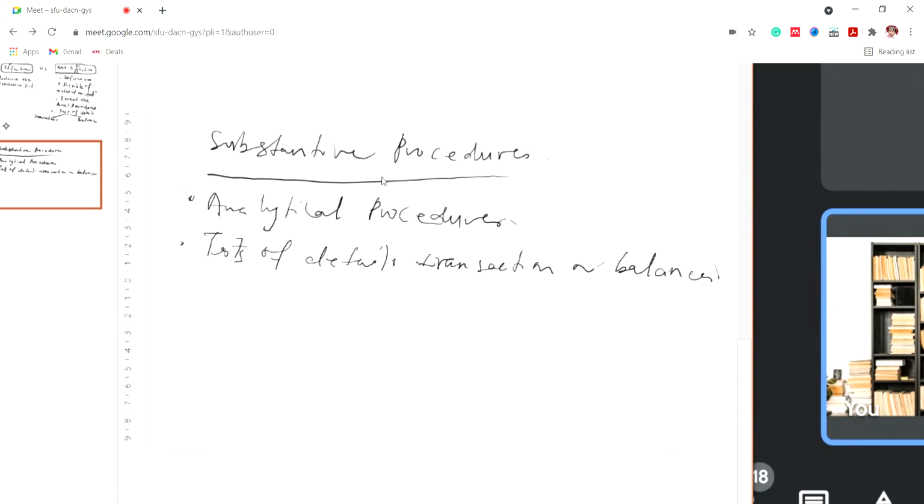Okay, so in order to perform the test of transactions or the test of balances, you must relate back with the types of audit procedure that you have learned before this, and also you must relate back with the financial statement assertion.